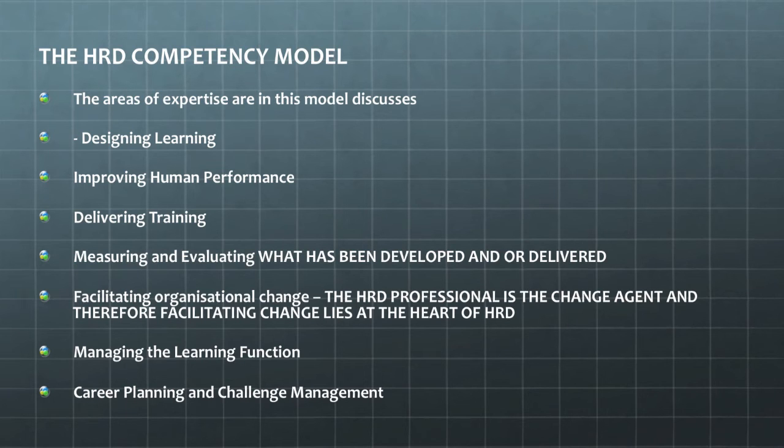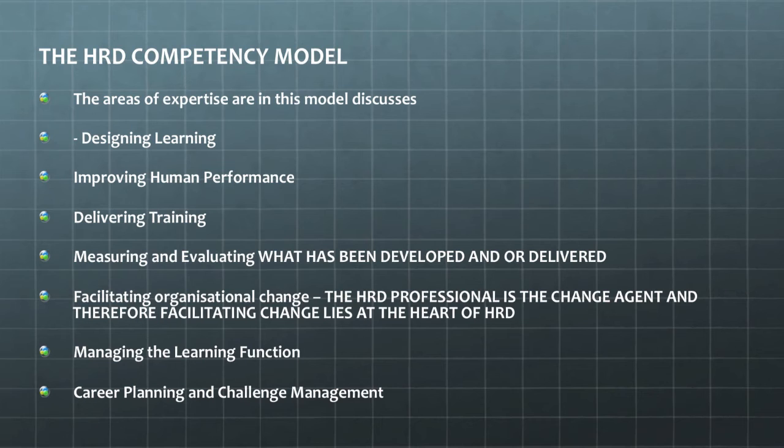One has to recognize that the human resource development professional is the change agent, and therefore facilitating lies at the heart of human resource development. Managing the learning function is another area that must be taken cognizance of. Then finally, there is career planning.